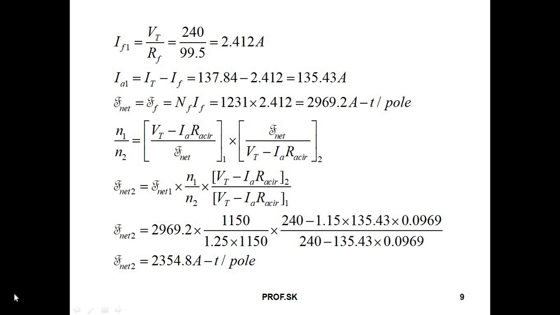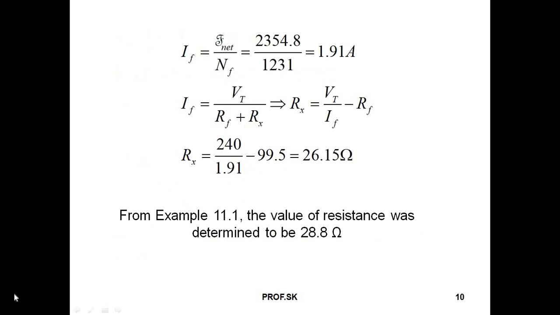Total net MMF is equal to 2354.8 ampere turns per pole. Field current is equal to net MMF divided by NF, that is 2354.8 divided by 1231 is equal to 1.91 amps.